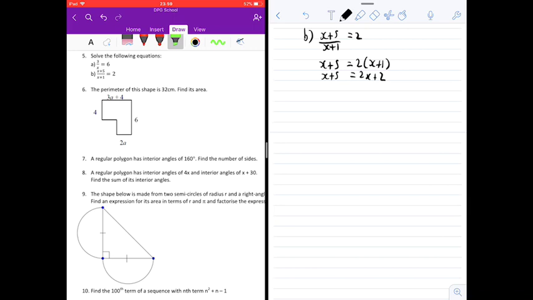Multiply the brackets out carefully. I'm going to subtract x from both sides. And I'm going to subtract 2 from both sides. Always worth going back to the original equation and checking that what you've got makes sense. If I substitute back into the original equation, I get 8 divided by 4 equals 2. Makes sense.